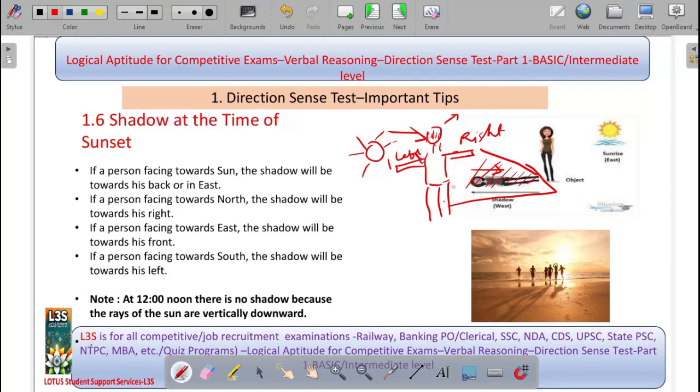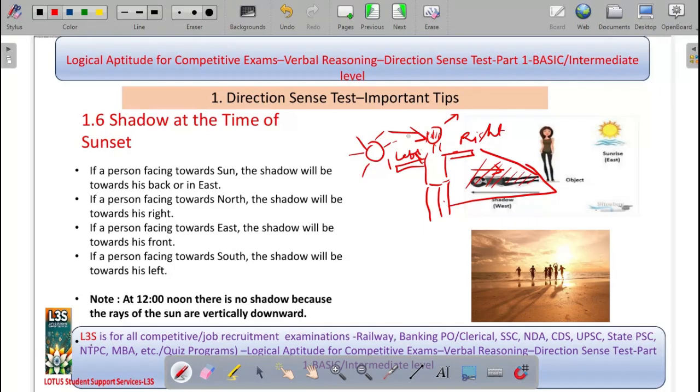If a person is facing towards east, the shadow will be towards his front side. And if a person is facing towards south, the shadow will be towards his left side. Because when he is facing towards south, his left side will be opposite of the sun side, so this shadow will be towards the left side.